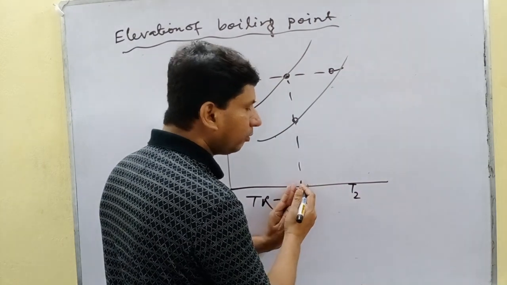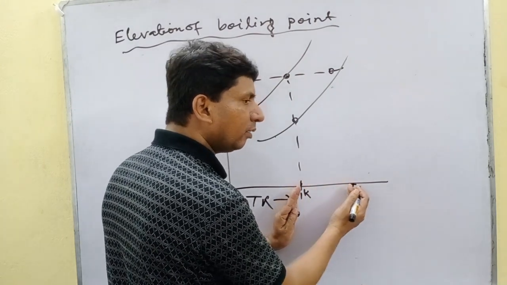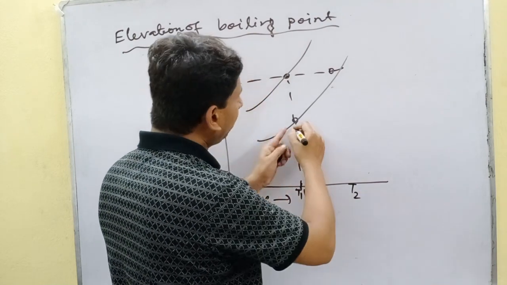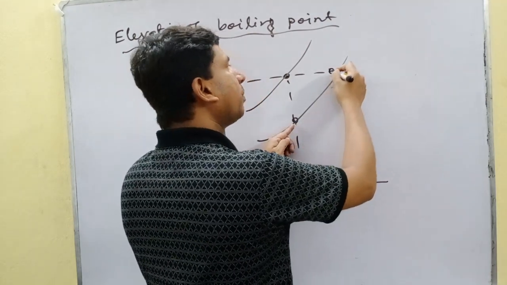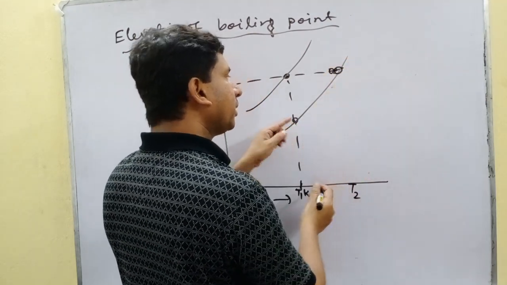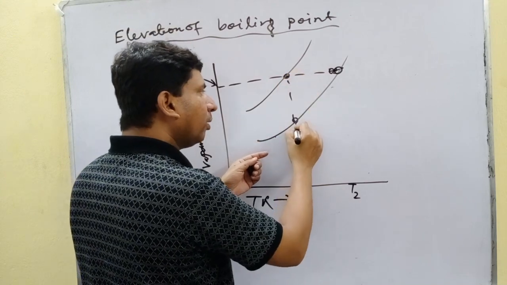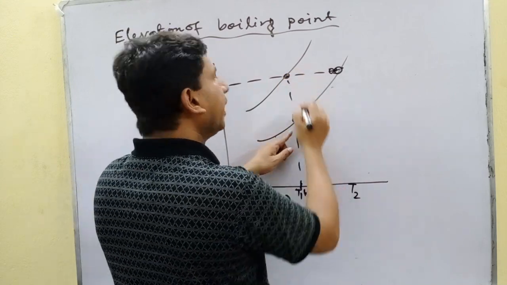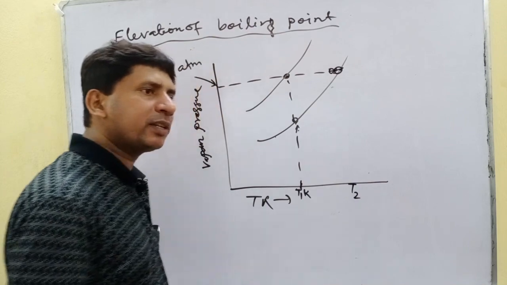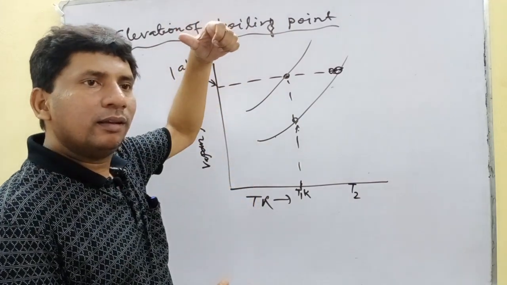As temperature is increased, the number of vapor particles increases, that means vapor pressure increases. Then from the dropped vapor pressure, it will again increase up to 1 atm pressure, then again it vaporizes.